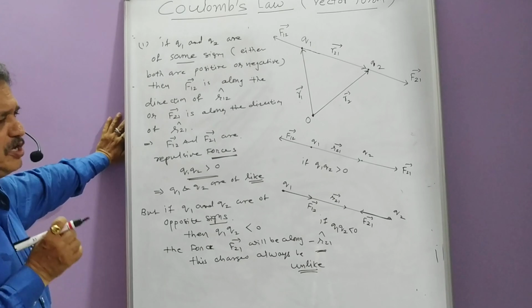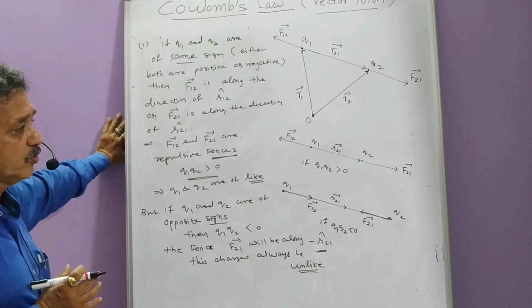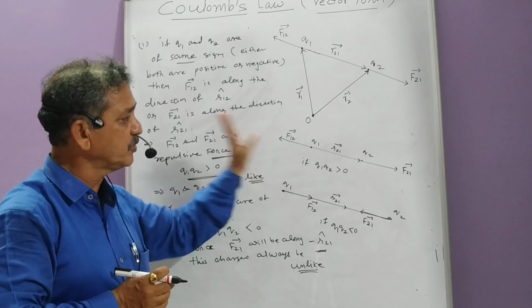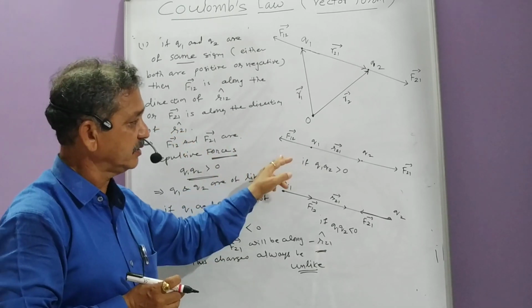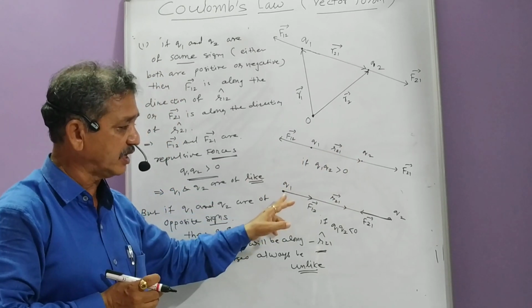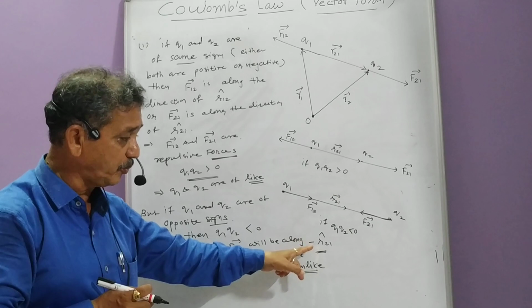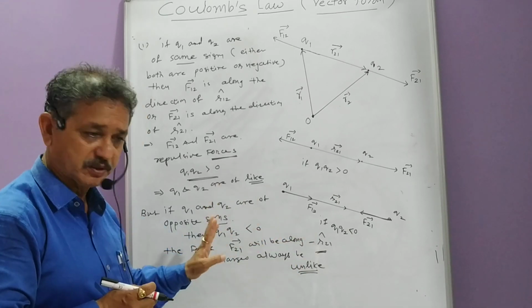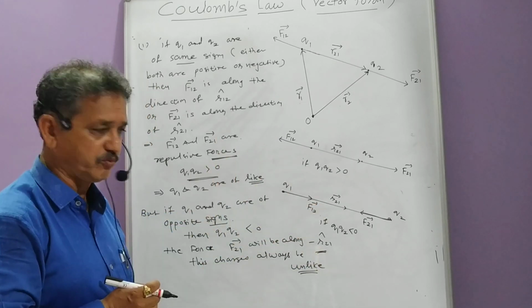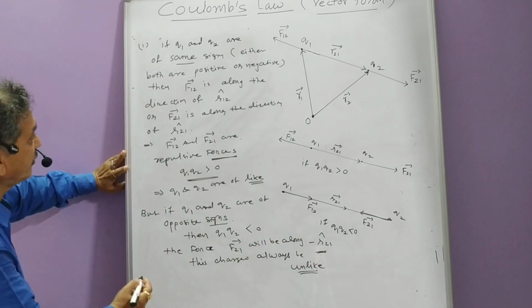So remember, in short, whenever the force acting between two charges is in the same direction as the unit vector, then there will be a force of repulsion. But if the force acting between the two charges is in the opposite direction to that of the unit vector, then the force is always attractive. So this point you have to remember.